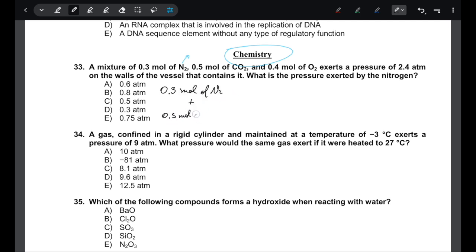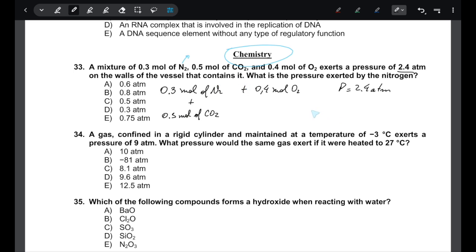0.5 mole of CO2 and plus here 0.4 mole of oxygen exerts a pressure of, so the total pressure is going to be 2.4 atm on the walls of a vessel that contains it.